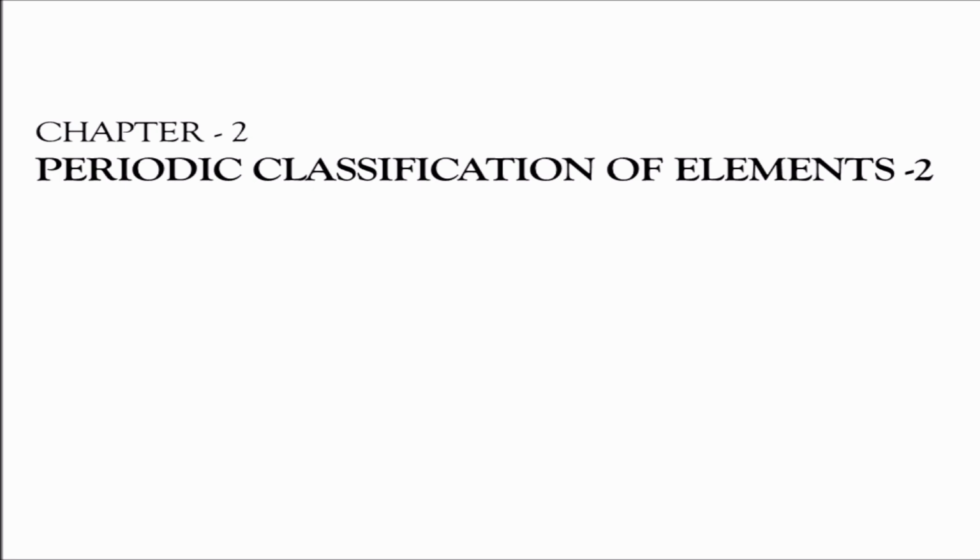Before we start with the modern periodic table, I would like to make a small revision with respect to the previous lecture which we have taken. In the previous lecture, we understood that classification of elements was done mainly by three scientists, Dobereiner, Newland and Mendeleev.